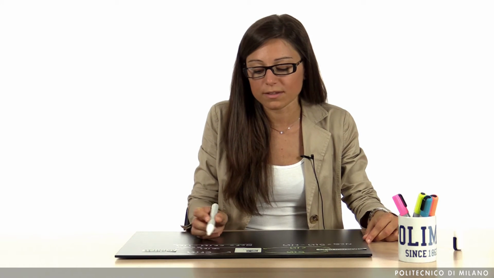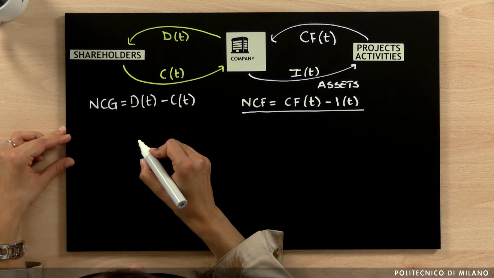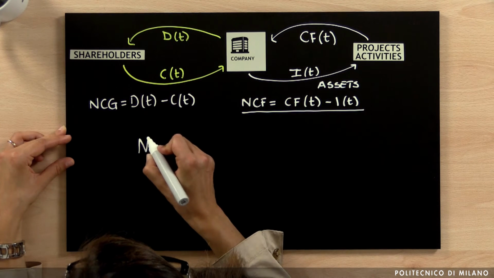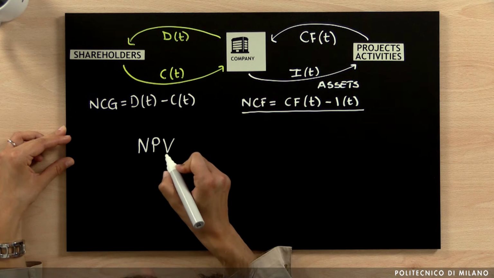But of course a company doesn't want to survive only for 1 year; the company has the objective to live for an infinite life, which means that we need to adjust this formula, taking into account the fact that the company aims to deliver products and services over the long run. So this formula is adjusted and gives rise to another formula, which is defined as net present value, NPV.